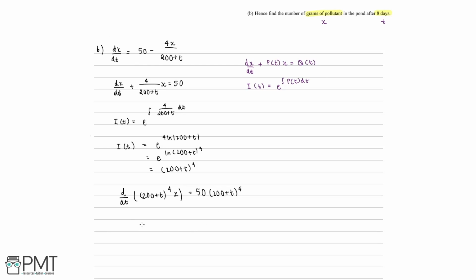We can now integrate both sides with respect to t in order to find something in terms of x. So if we integrate both sides with respect to t, we have (200 plus t) to the power 4 multiplied by x is equal to the integral of 50 multiplied by (200 plus t) to the power 4 with respect to t.